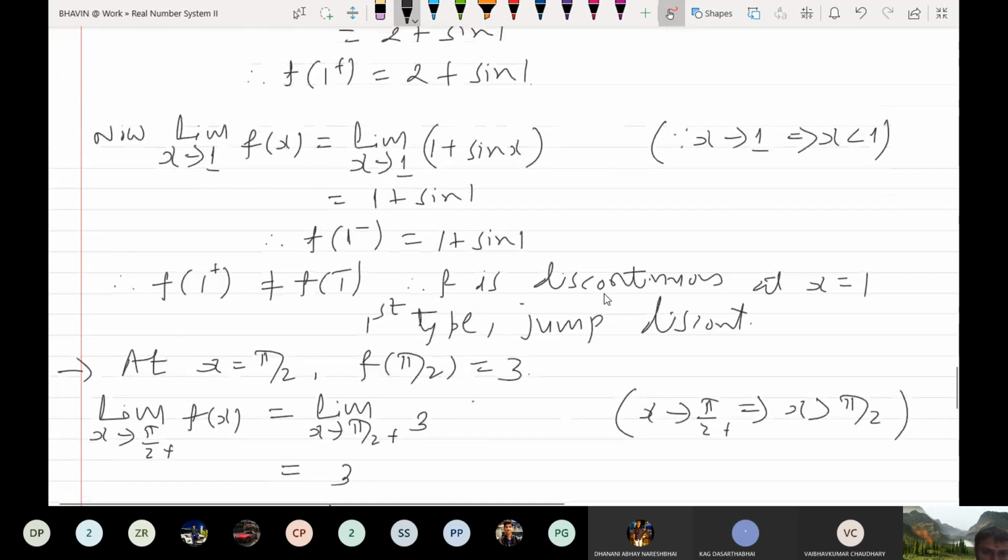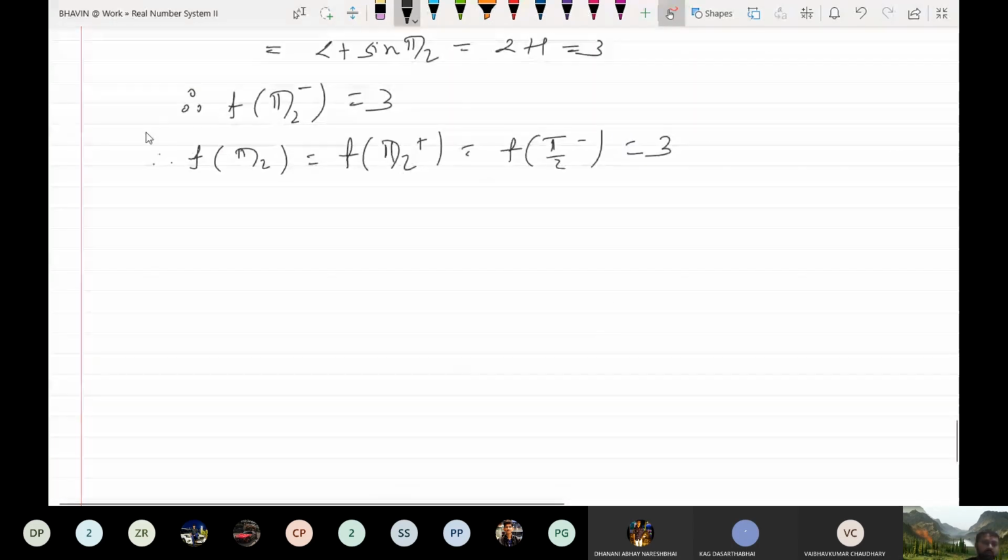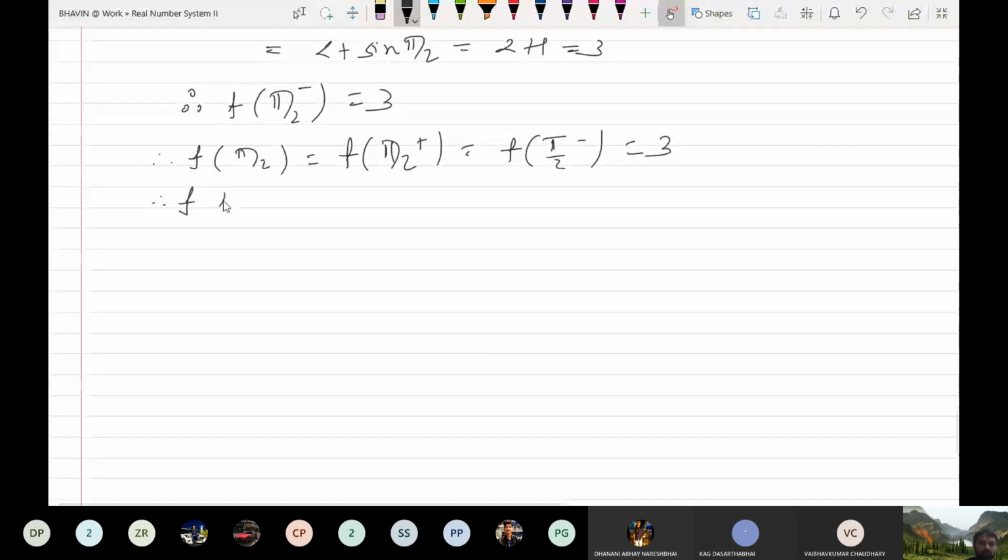These three are the same. See, all the values are 3. Therefore, f is continuous at pi by 2.